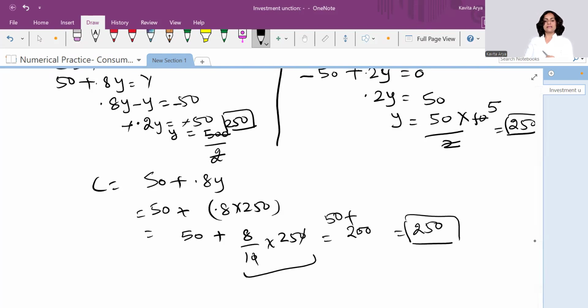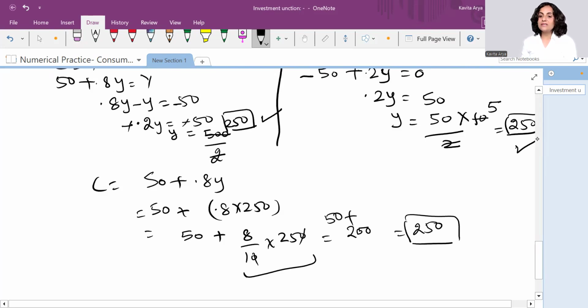And that's clear. We have already found that income at break-even is 250 by this approach. And now another question was, what's the consumption at break-even level? So we have simply put the value of Y here, and that gives me the consumption to be 250.